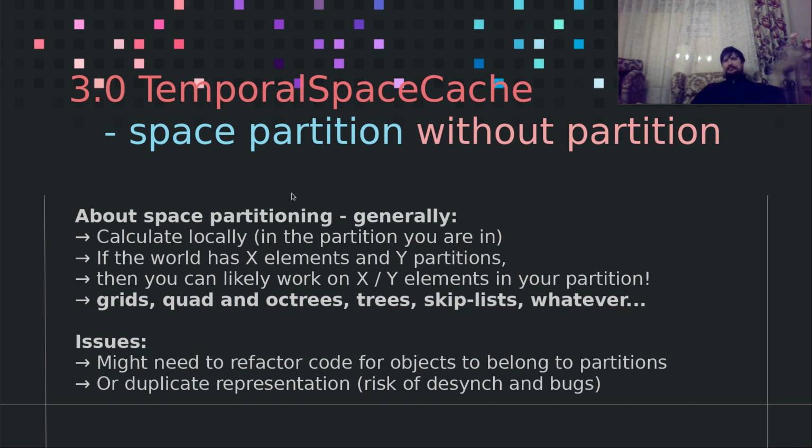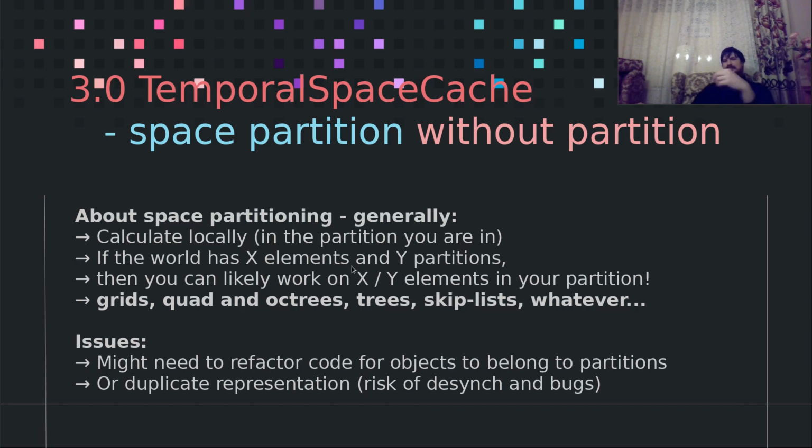So those kinds of questions you want to calculate locally, because if you ask them for all the objects, it will be slow even if your algorithm is linear, because the number of objects is just too much. But if you calculate locally and only consider elements that are close to you, that is very good.